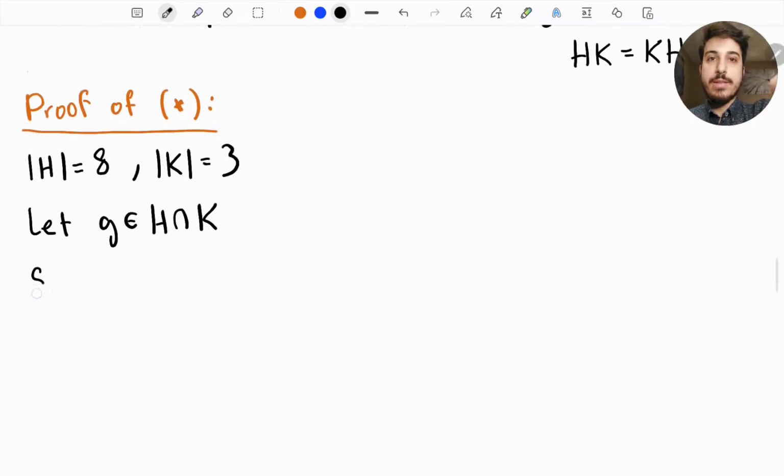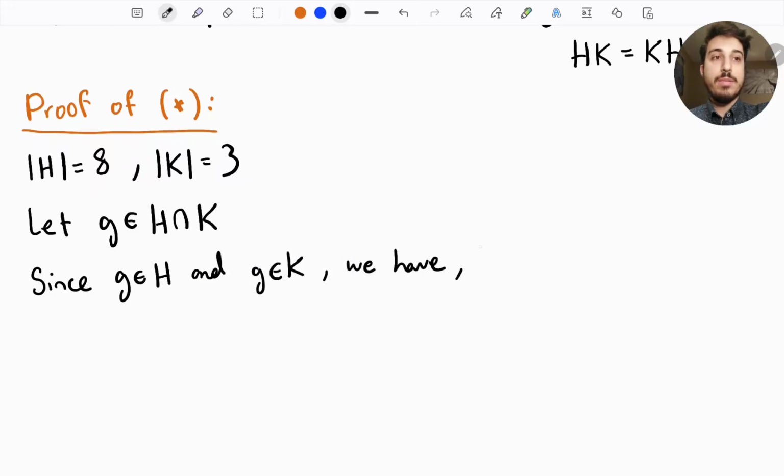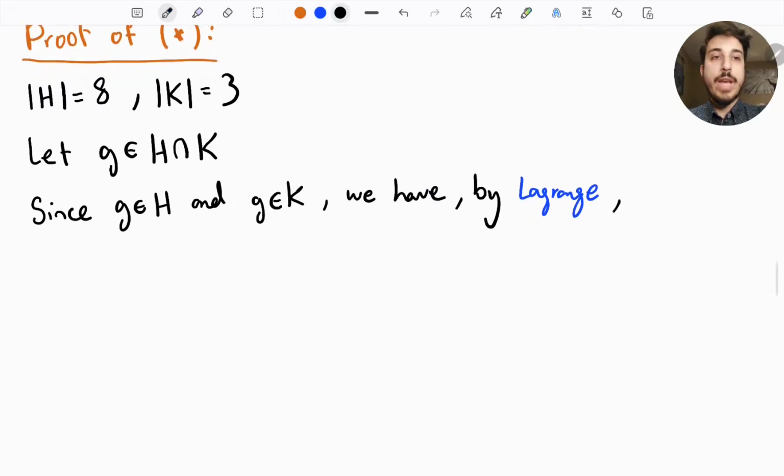Since g is in the intersection, it is in both H and in K at the same time. We have, by Lagrange's theorem, or rather a corollary to Lagrange's theorem, but I digress, that the order of an element always divides the order of the group it is in.